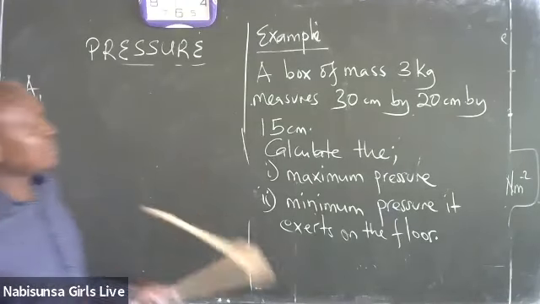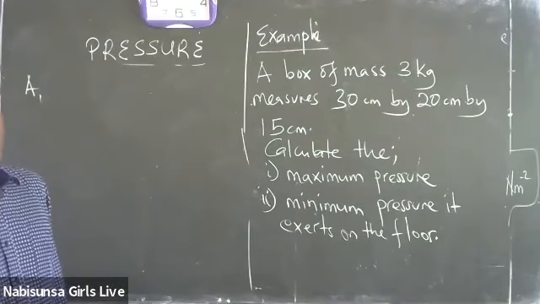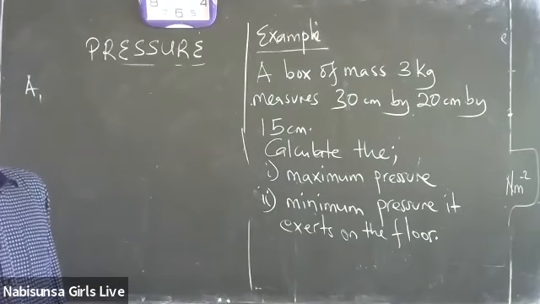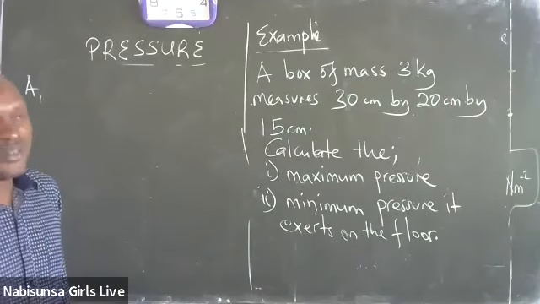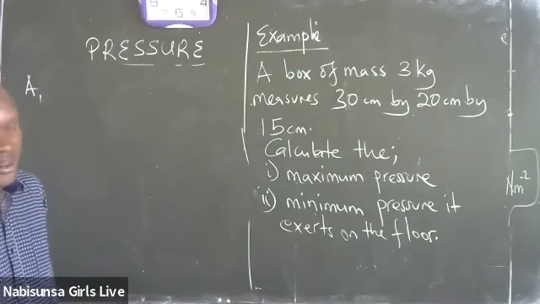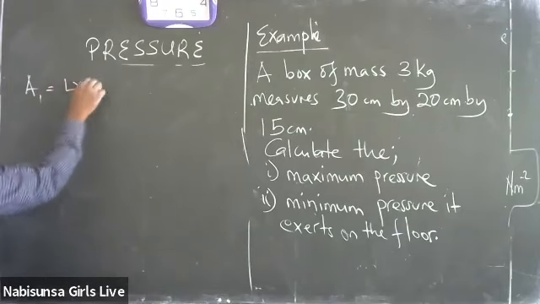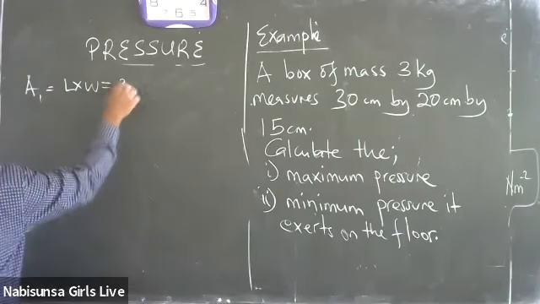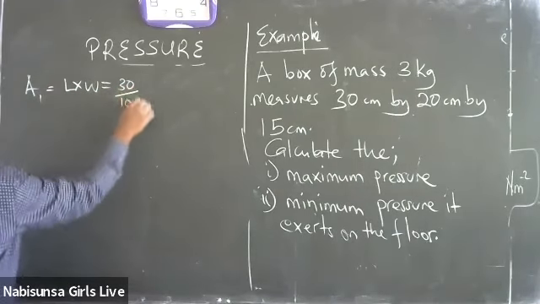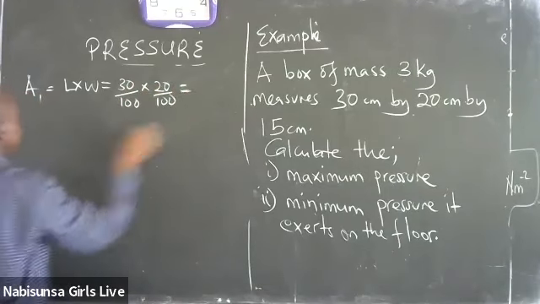Okay, for such questions, one of the simplest ways is to first get all the 3 areas. And out of the 3 areas, you check the smallest area and the largest area. For example, length times width, 30 by 20.